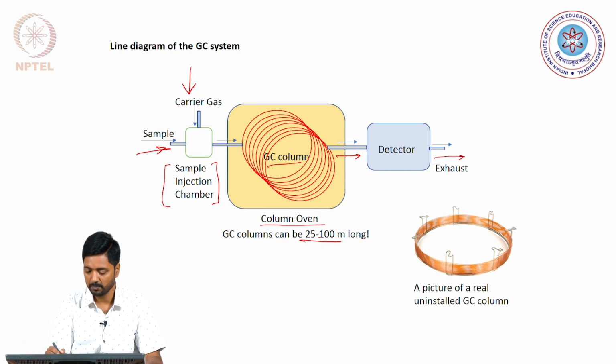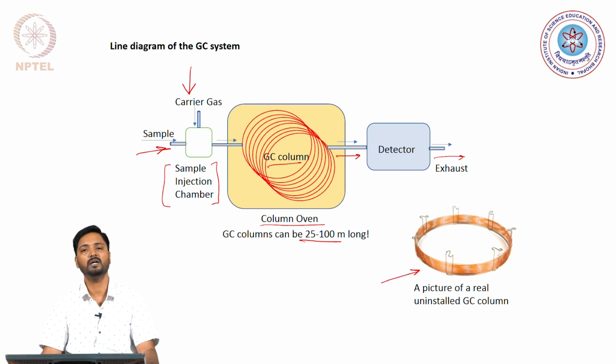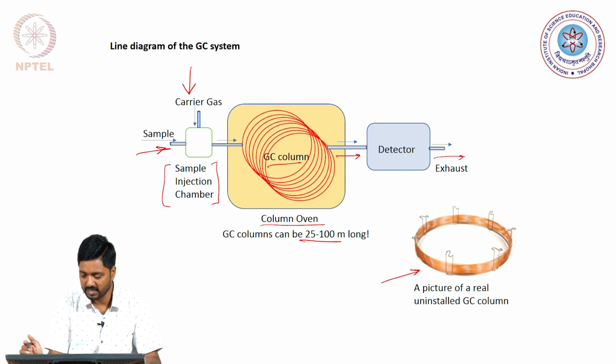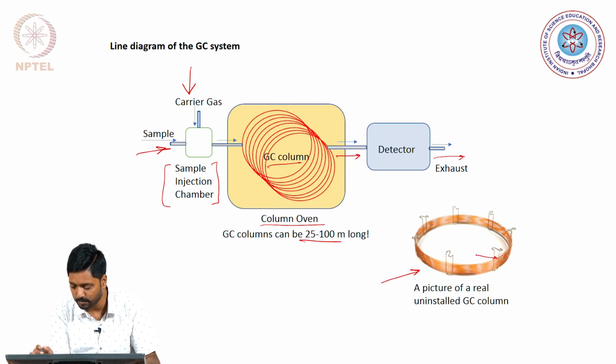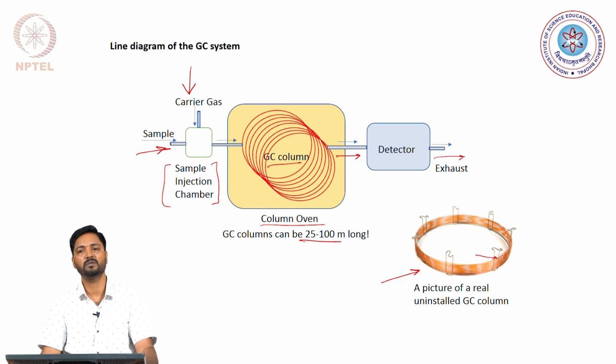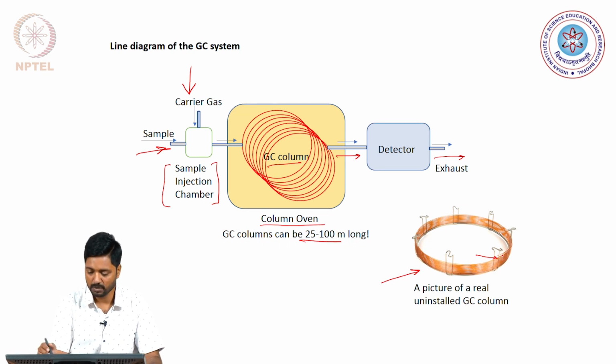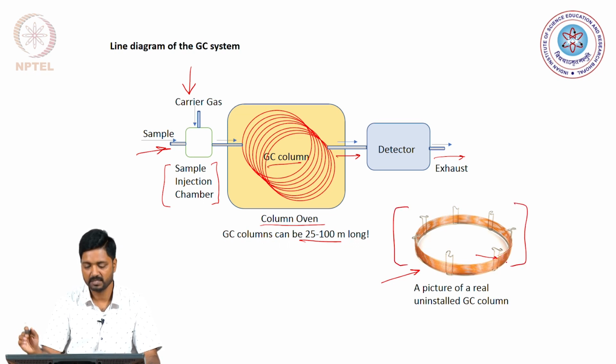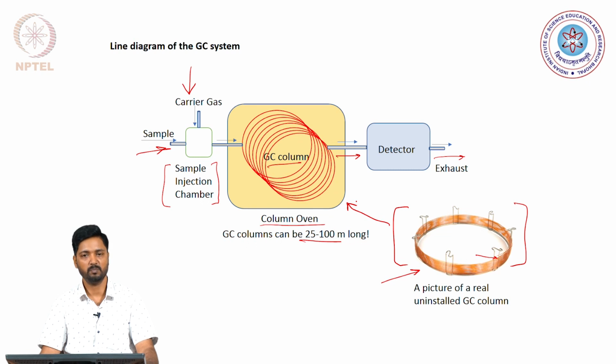This is a picture of a real uninstalled gas chromatography column, and as you can see, it is a fine tube which is wrapped in a circular fashion and is really long and thin. This whole structure is kept inside the column oven, where its temperature is maintained, or we can also have a change in the temperature as the chromatography proceeds.